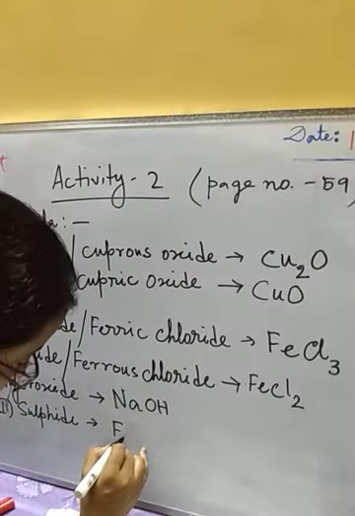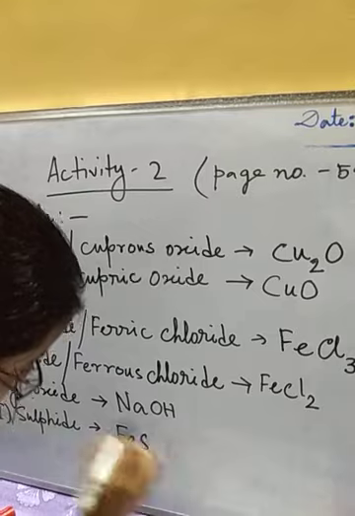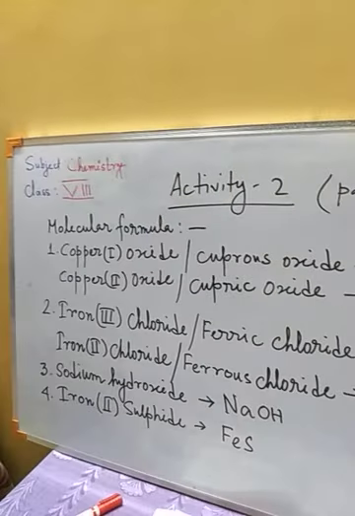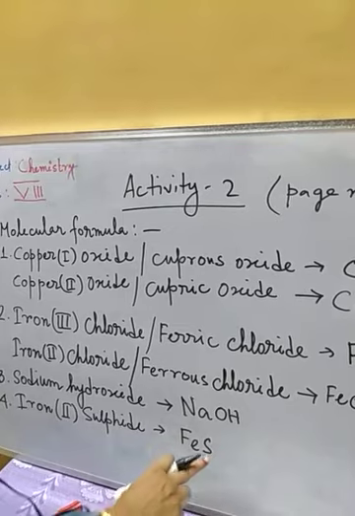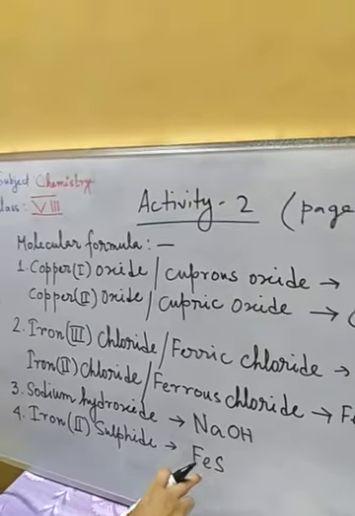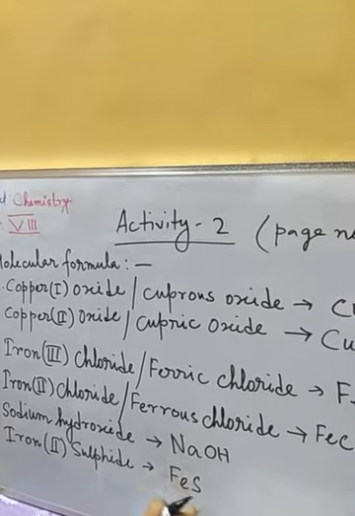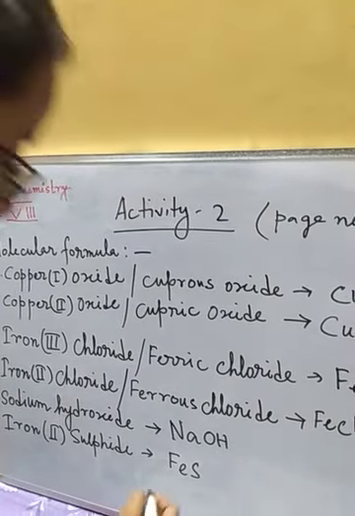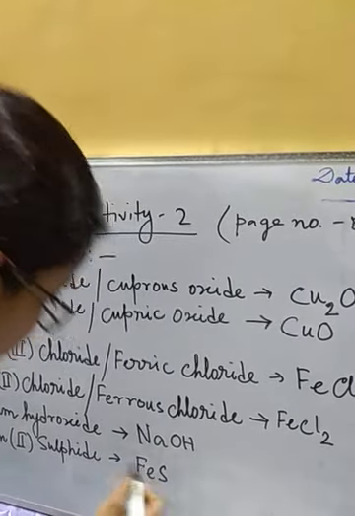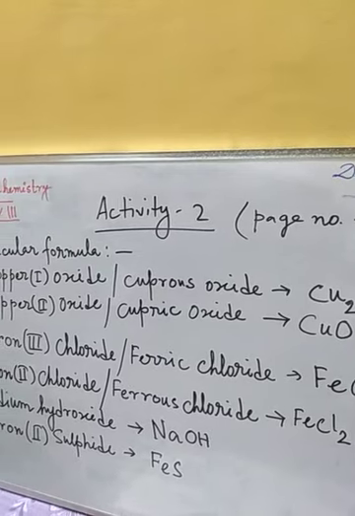So FeS. Okay, FeS, iron 2 sulfide. Sulfur's valency is 2, that will go to iron, and iron's valency is 2, that will go to sulfur. So as both are the same, we are not writing anything. So simply FeS will be the formula.